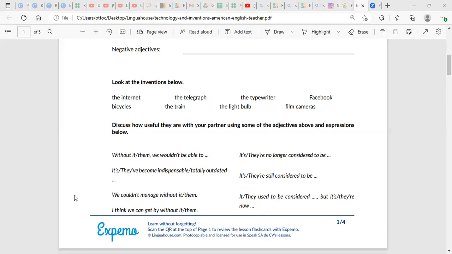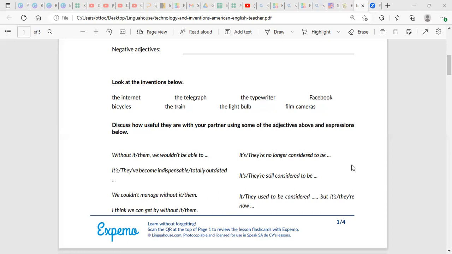And they're no longer considered to be. They've become indispensable, totally outdated, and they're still considered to be. We could manage without it and them. I think we can get by without it and them. It and they used to be considered, but it's there now.